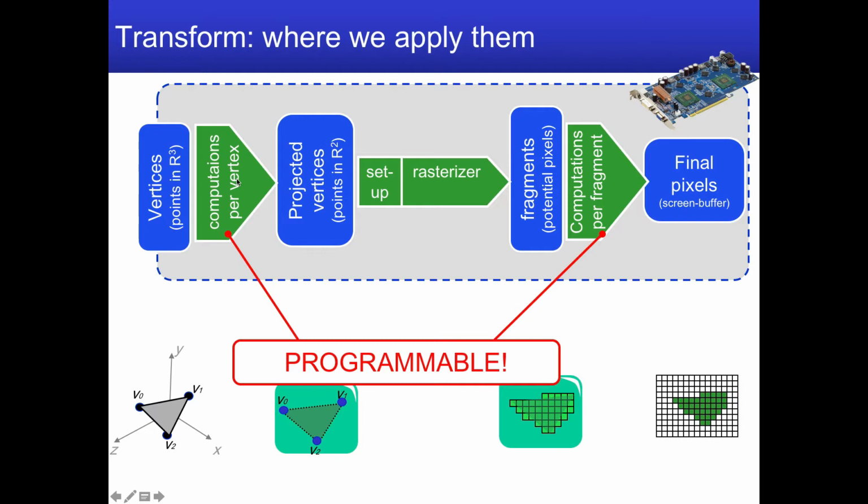I can move or translate them in parallel, directly on the GPU. Then I generate the pixels, and I can write one program for each pixel to change the illumination or whatever effect I want. It's a small program running in parallel for each pixel, also called a fragment, hence the fragment shader.